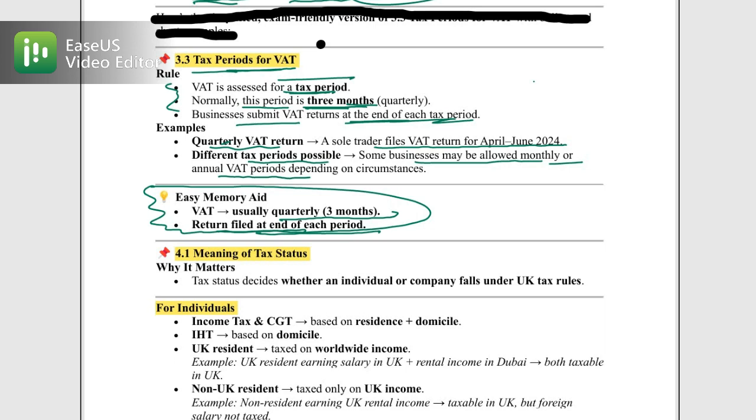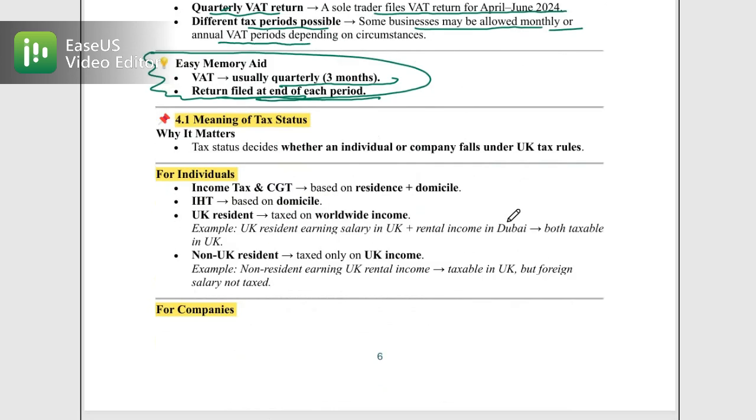And last, we have the meaning of tax status. Why does it matter? Tax status decides whether an individual or a company falls under the UK tax rules.